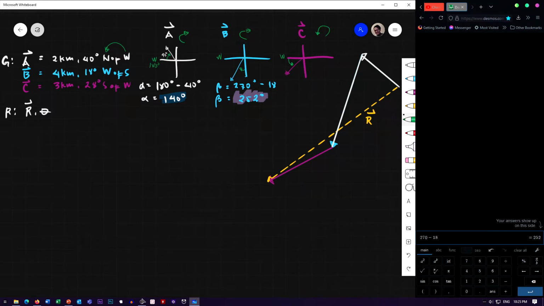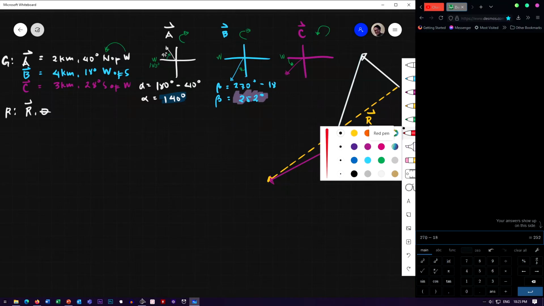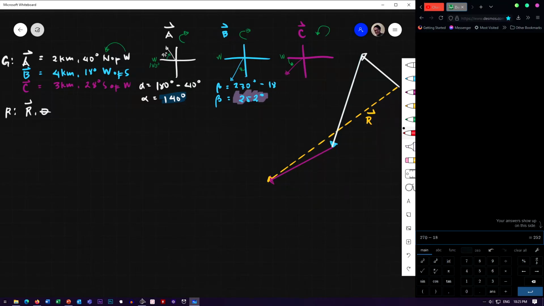Okay, so all of the angles here are changed, so let's denote it using a red marker. So going to this direction. Then for this one it's like this.